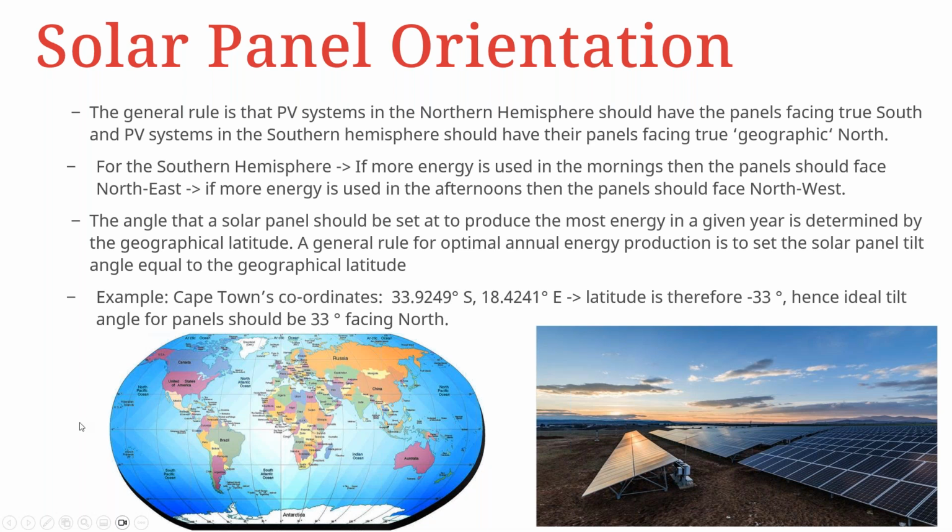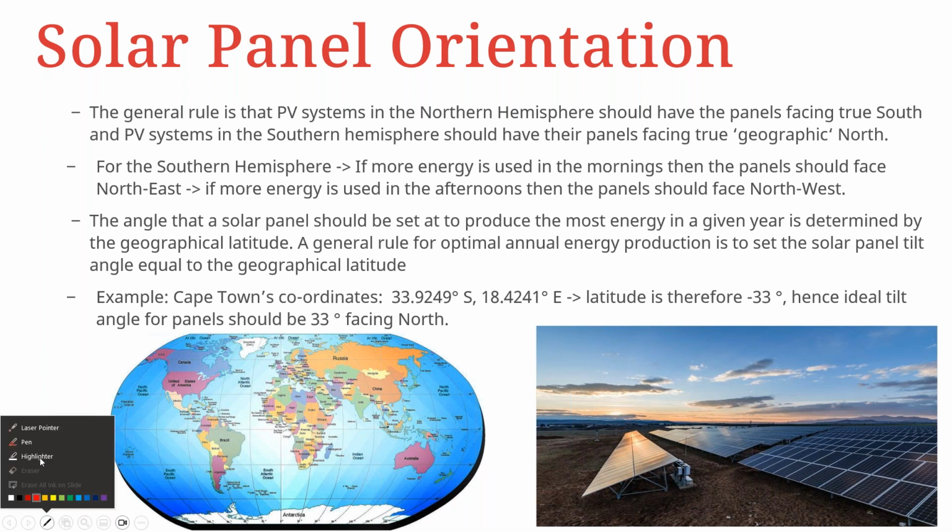So that once the Earth is rotating around the sun, and for regions in the southern hemisphere, you would have the panels tilt facing north to get the best irradiation.